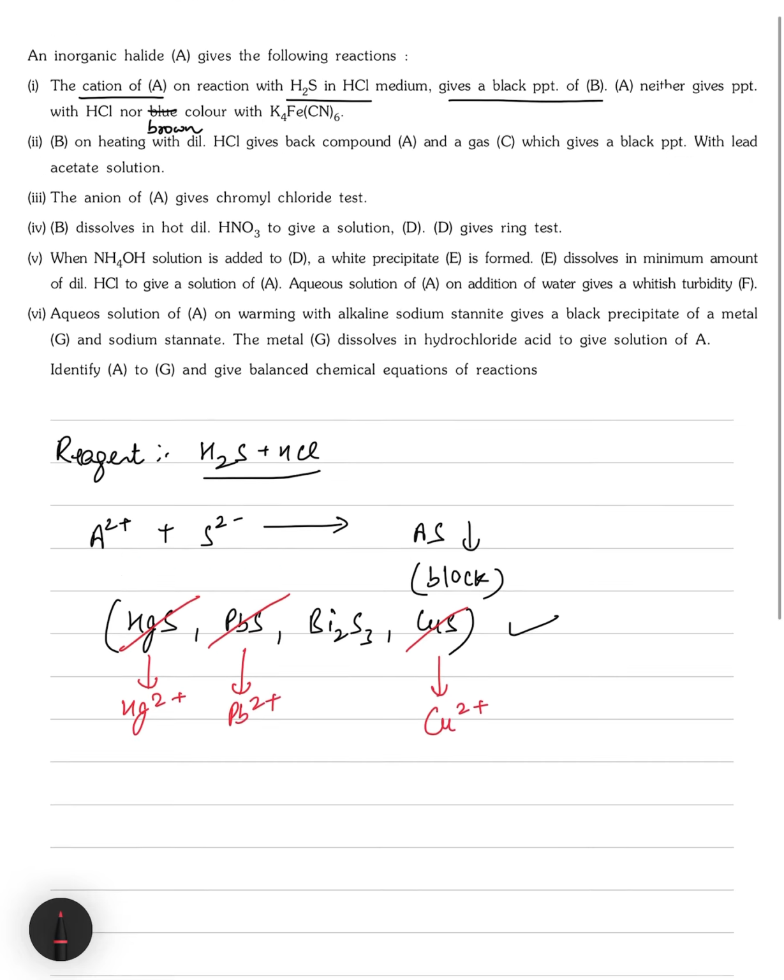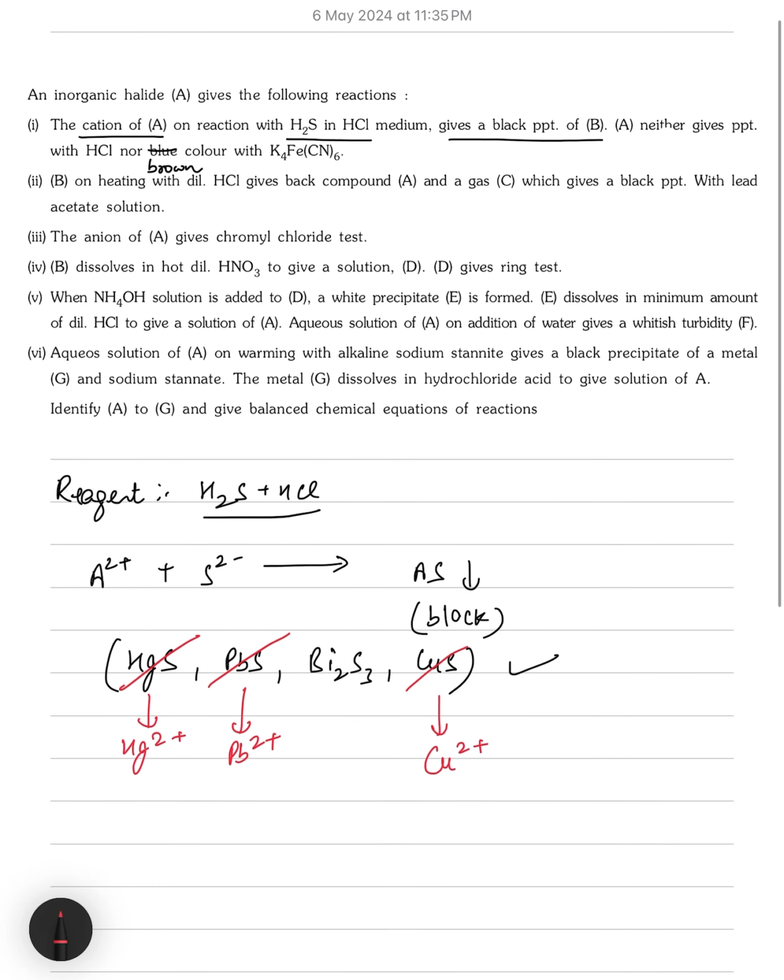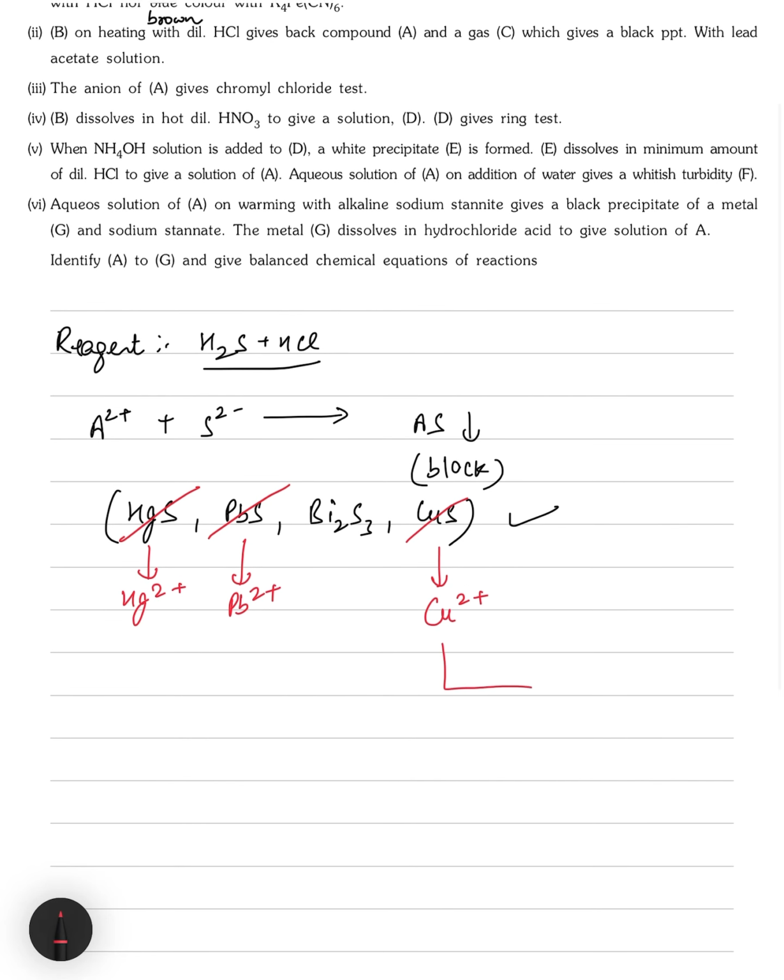We know that whenever we have a Cu2+ salt and we add K4[Fe(CN)6], we obtain a chocolate brown precipitate of Cu2[Fe(CN)6].